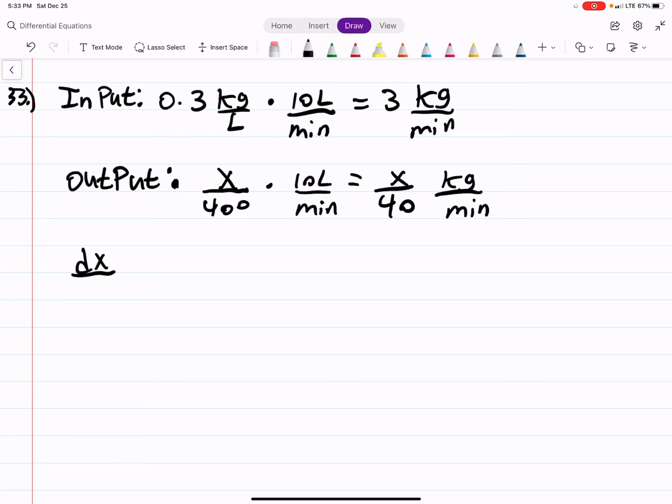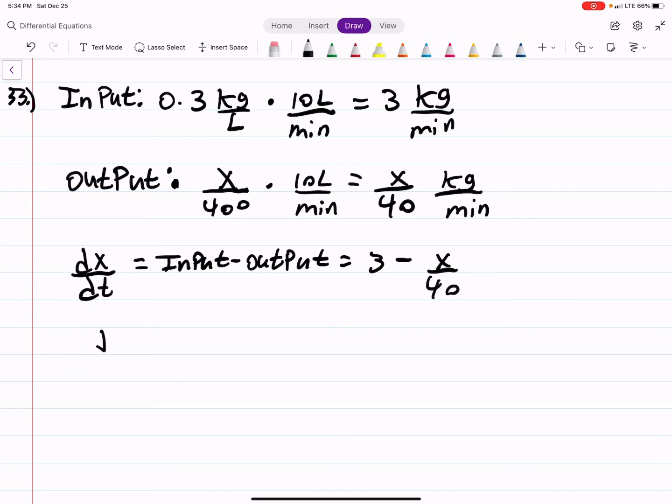dx/dt then, or you can call it whatever, I'm just going to call it x, is input minus output. So I'll spell it out. That's our rate. That's what we're looking for. That's our derivative. So in that case, it'll be 3 minus x over 40.